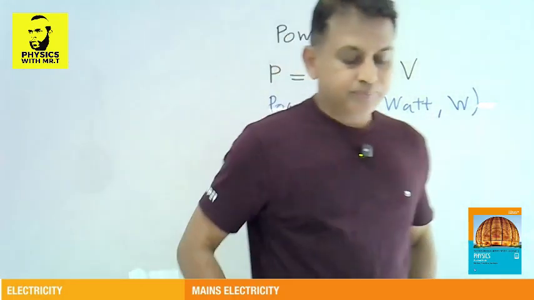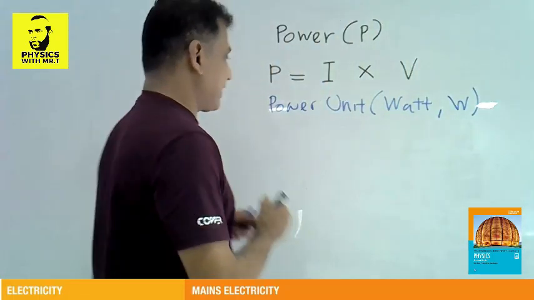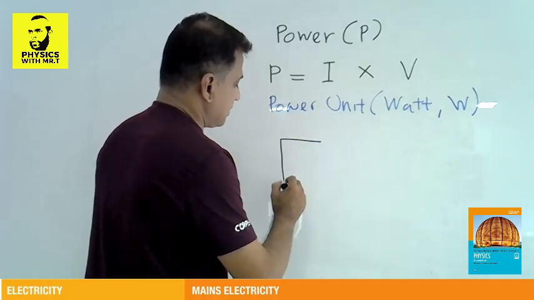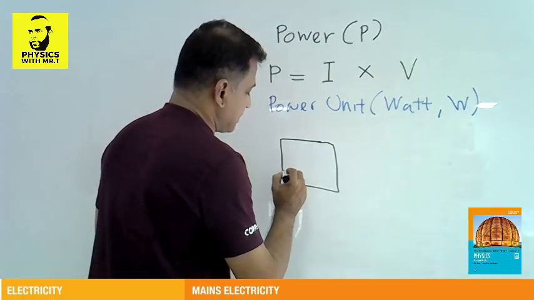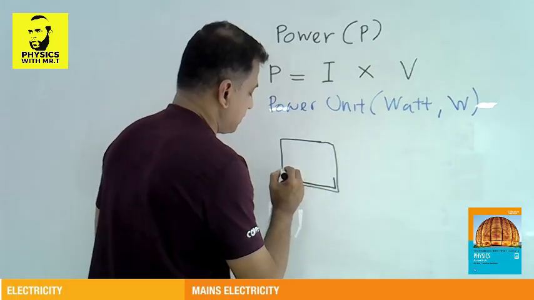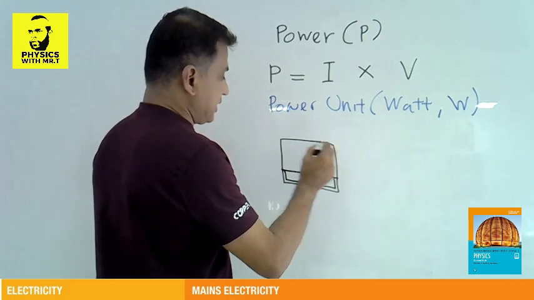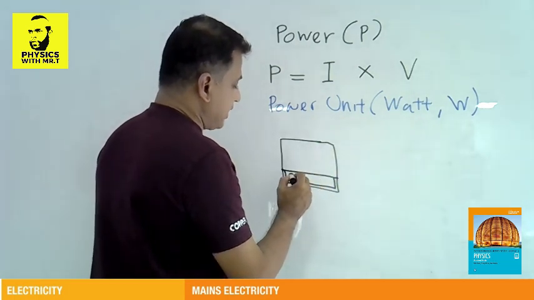Okay, for example, the kettle. Let's consider this as a kettle, and there is a coil here.